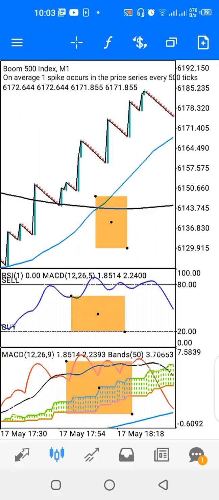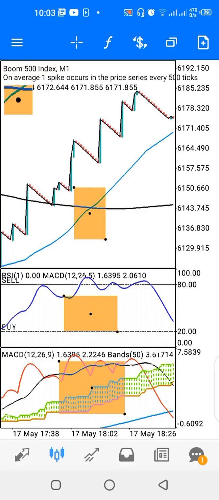Now on the main window, I have a blue line, and then I have a black line, then I have another line on price. My buy signal will start when I have the blue line crossing up above the black line, just like I have around here.